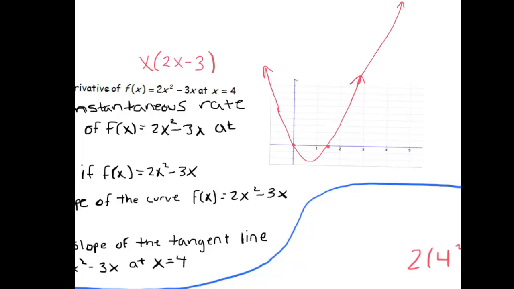I know it doesn't look the best, but hopefully it'll serve the purpose of what I want to do. So at x equals 4, here's x equals 4, the slope of the tangent line, so I'm going to do my best attempt at a tangent line, the slope of the curve is equal to 13.